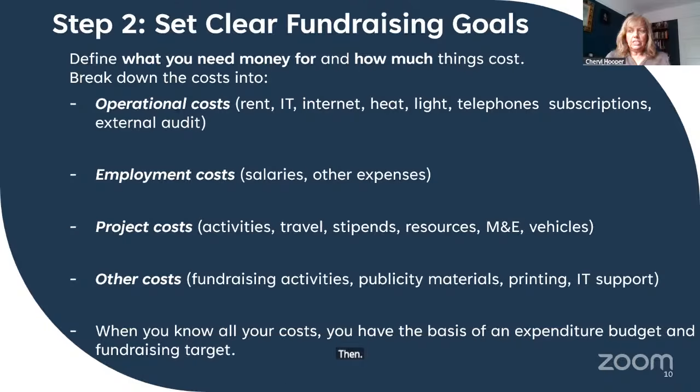Then you also need to break down the cost of employment, staff, rent, utilities, and other operational costs. All of these should be in the case for support, which can then be referred to by a fundraiser when writing grant applications or making a presentation to other donors.